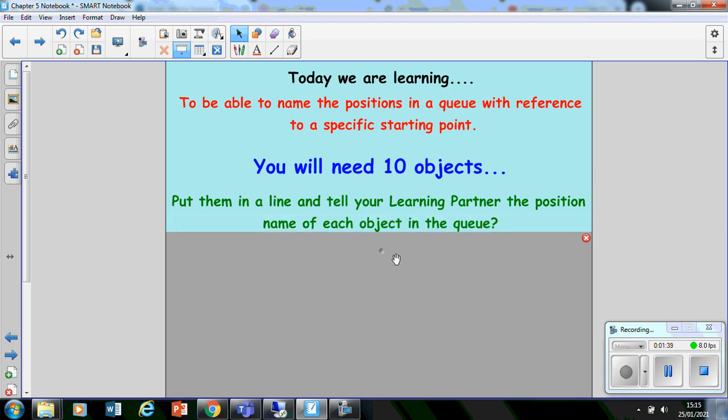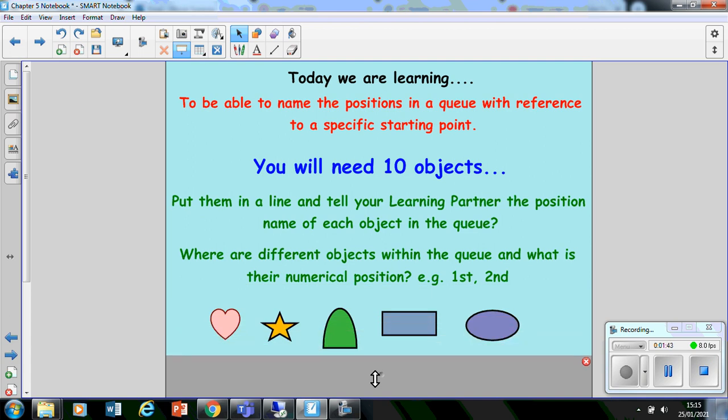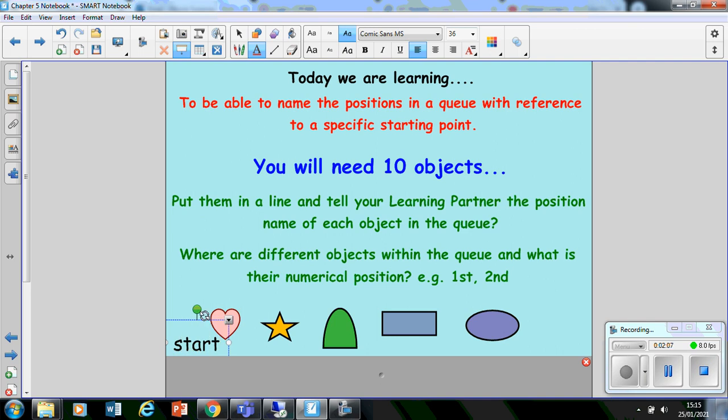Okay? Now, just to help you, I have got a few objects here. Now, I haven't got 10. I've got half of 10. I've got 5. Okay? So I was going to say that the star is second in my line because my starting point is here. Okay? So I'm going to put there start. Okay? So that's my start over there.